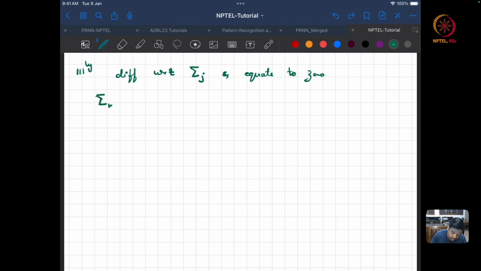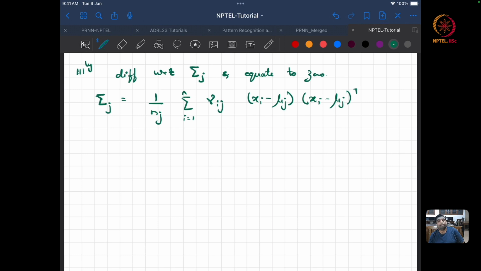Okay. Sigma j equals 1 over nj, summation i equal to 1 to n of the responsibility times xi minus mu j into xi minus mu j, the outer product.